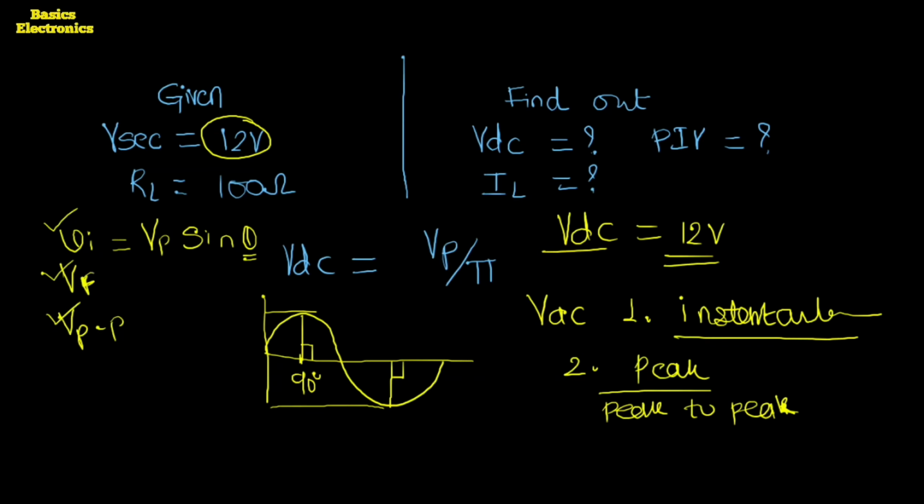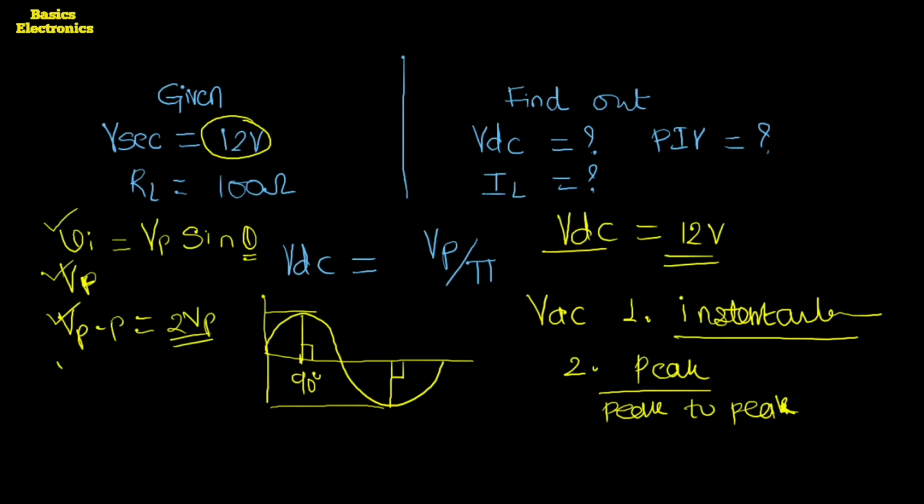The peak voltage is measured at the angle of 90 degrees. It means we get two peak voltages, and the sum of these two peak voltages is called the peak to peak voltage. The peak to peak voltage is equal to twice Vp, double the peak voltage.